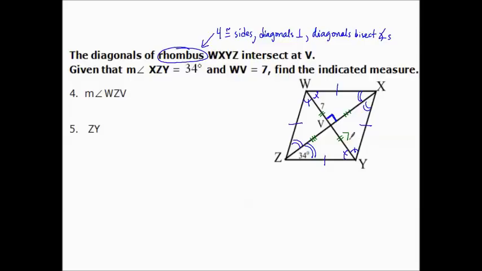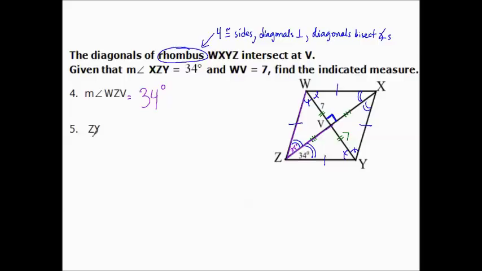Let's see what's being asked for over here. The measure of angle WZV. Here's W, down to Z, and up to V. Well, from my congruent marks, this isn't difficult. I see this is 34, and this one's supposed to be the same, so this one's also 34 degrees, of course, because it's an angle.